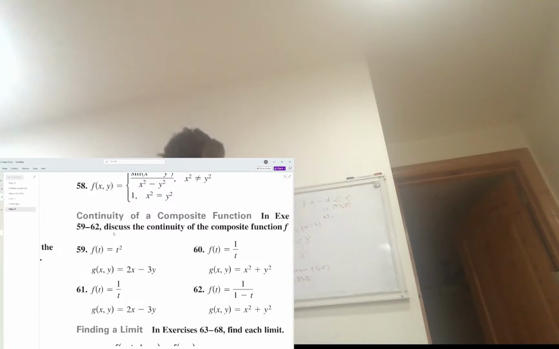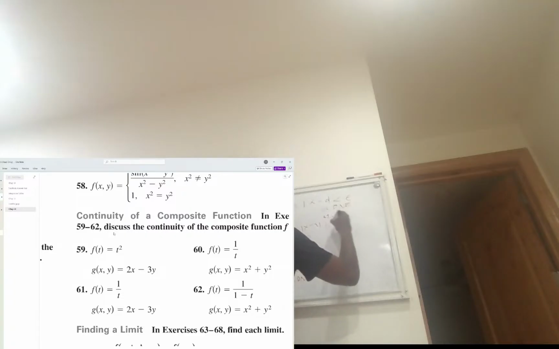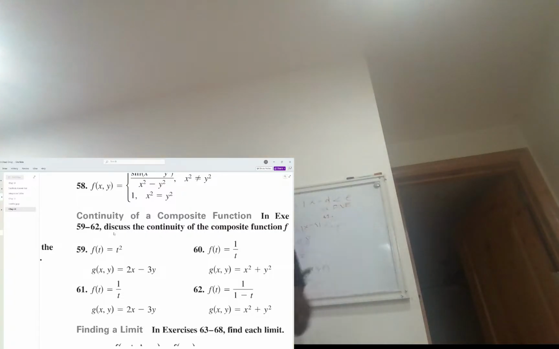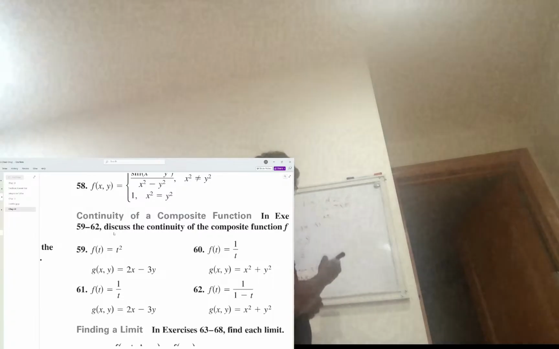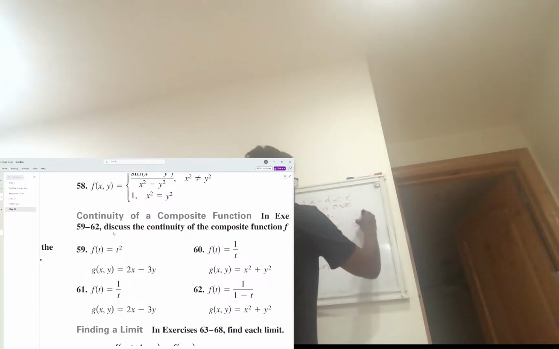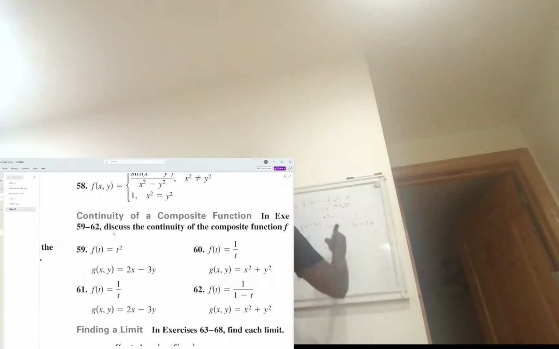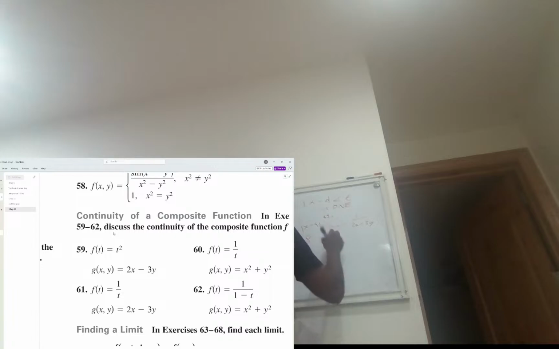So it's just going to be f of x, y, because you can't normally composite multivariable functions, but you can because one is not multivariable. 1 over 2x minus 3y. And it's pretty simple from here. You just say 2x cannot equal 3y, so that x cannot equal 3 over 2 y.